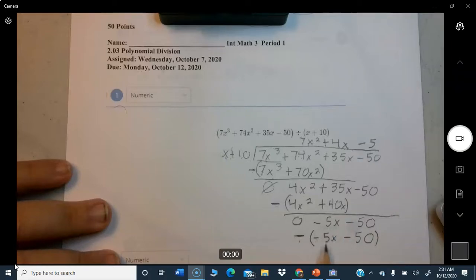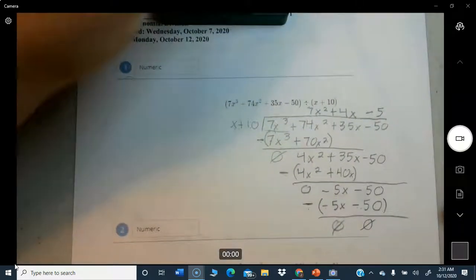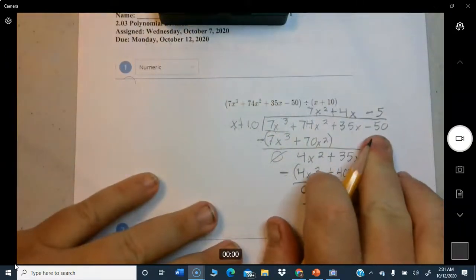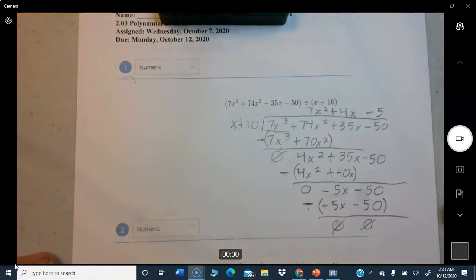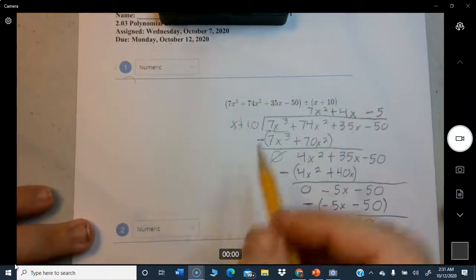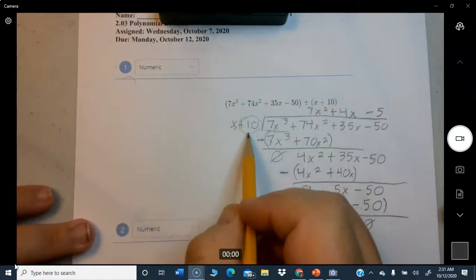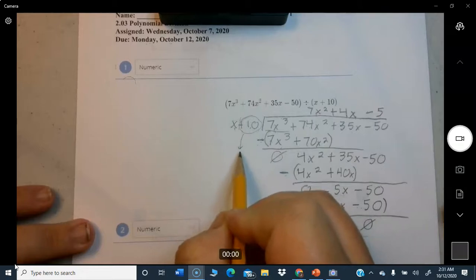So minus 5x plus 5x goes to 0. And negative 50 minus negative, that's plus 50. Negative 50 plus 50 goes to 0 also. So there's no remainder. You're at the end of the problem. You did your last term there, and you have nothing. So that's your answer.